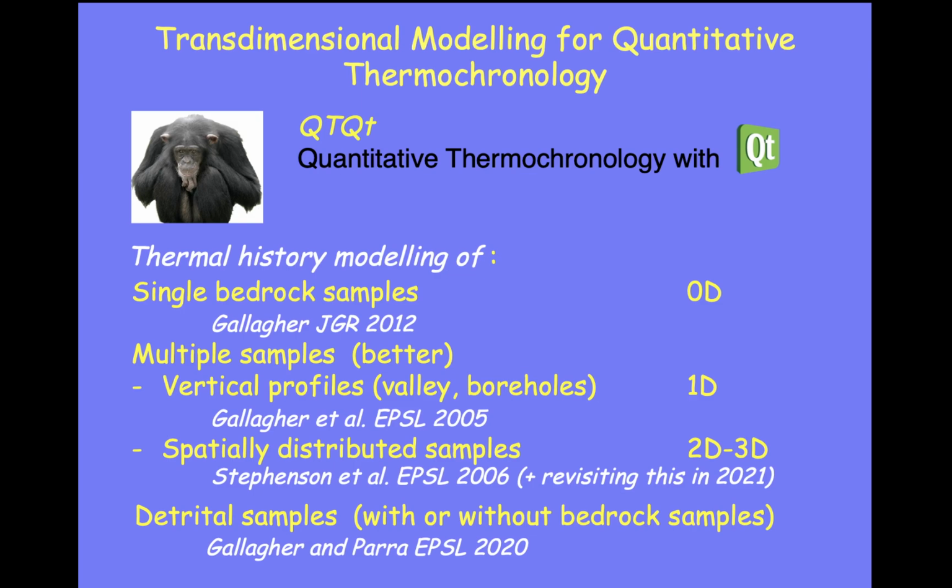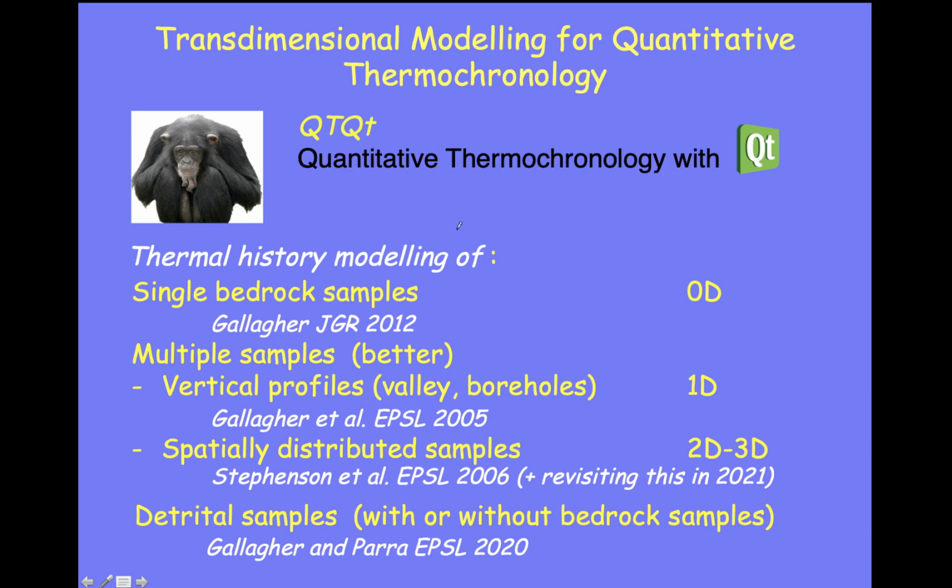Okay, so in terms of this thermal history modeling, QTQt can deal with single bedrock samples, so just one sample by itself that can have, as I said, these various types of data. And the method that is used in QTQt is published in this paper in the Journal of Geophysical Research in 2012.